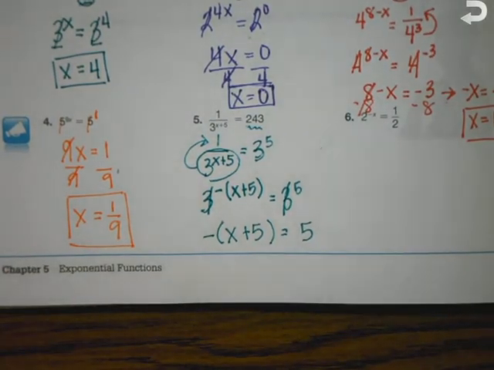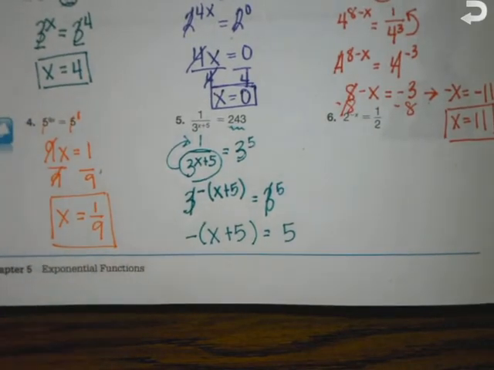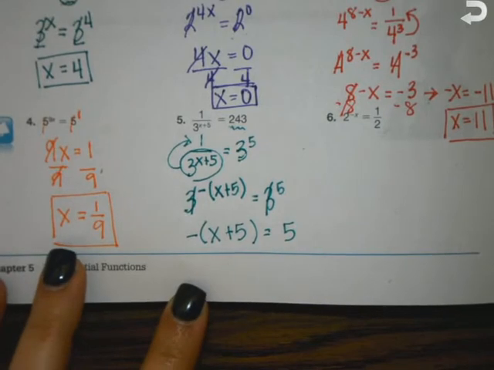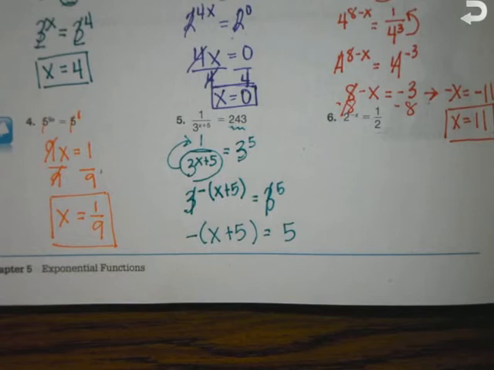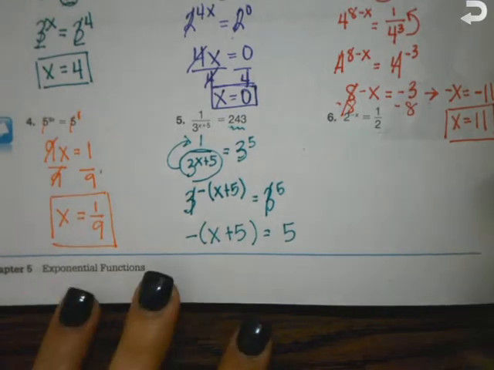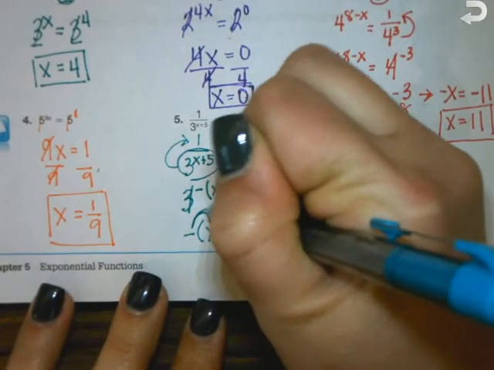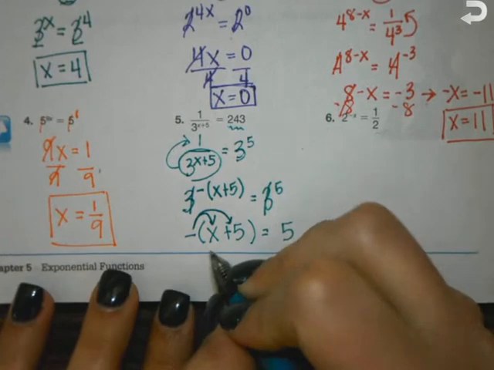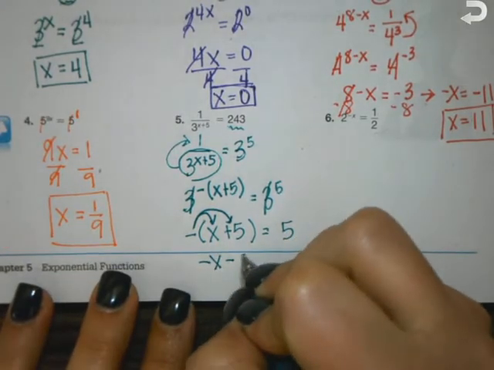Okay, guys, who wants to give me my first step? Anthony. What would you do first? Can I subtract 5 from each side yet? No. A couple people say no. What do I have to do before I can do that, Dana? You have to distribute the negative. Exactly, I have to distribute the negative first. So that's going to give me negative x minus 5 equals 5.